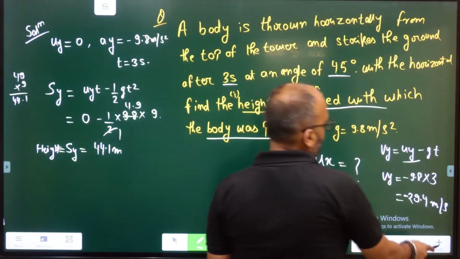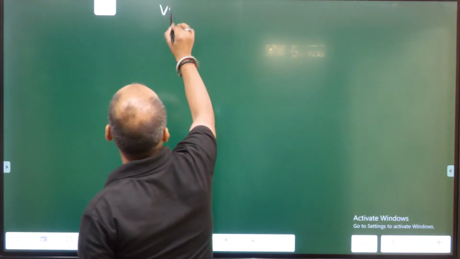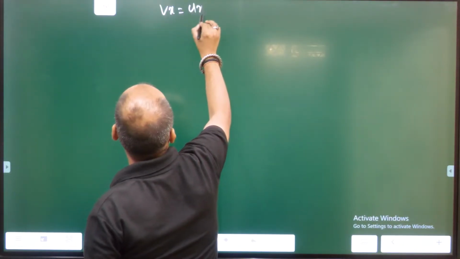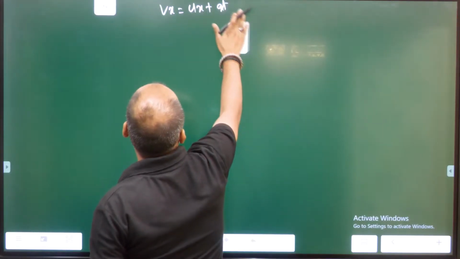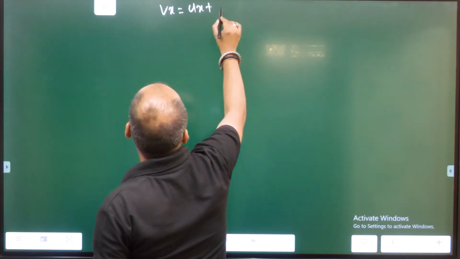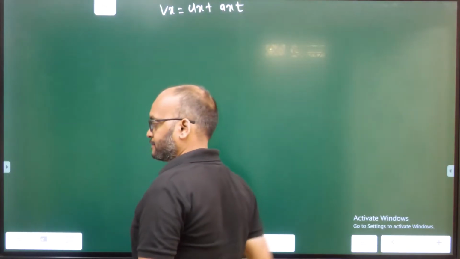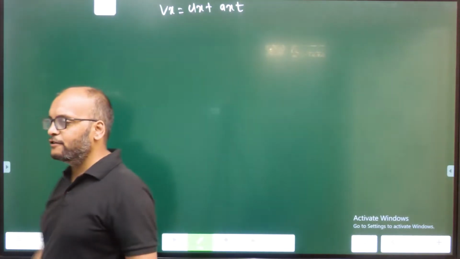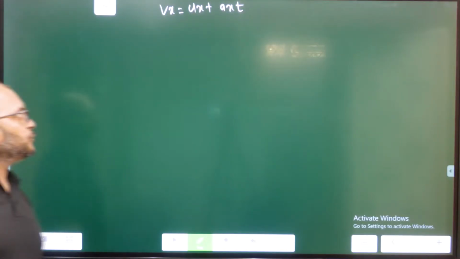So that's Vx. Now apply the equation. Vx is equal to ux plus ax t. Apply it and you will get the answer. Can you do it or not?